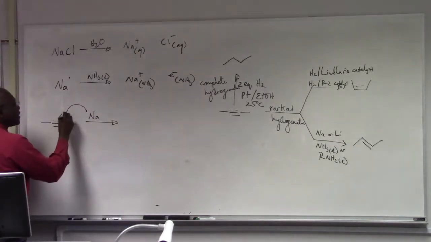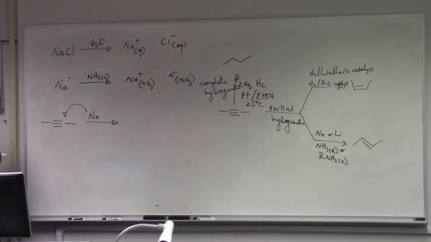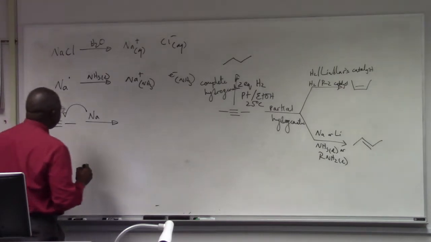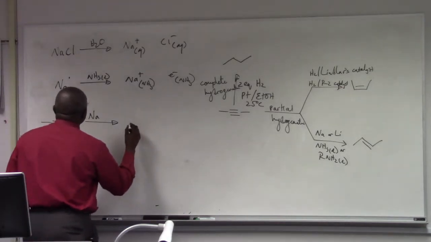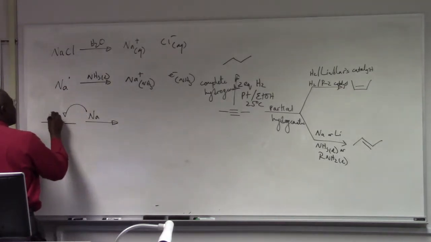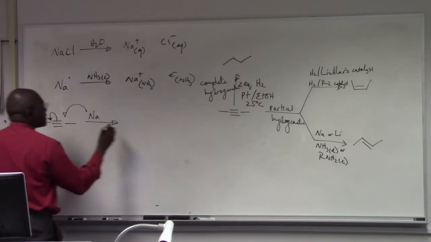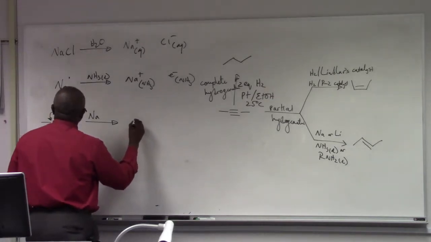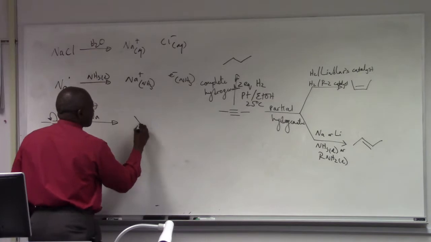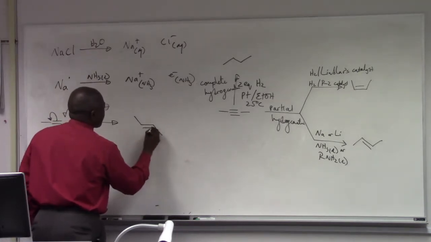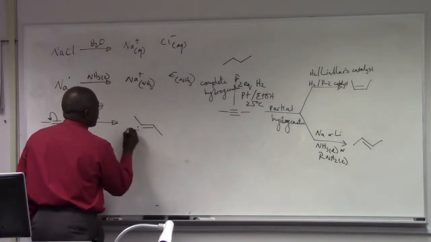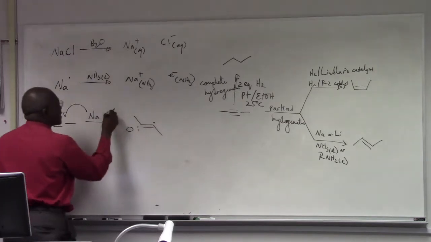The sodium donates a single electron to the alkyne, and what you get is this species. We end up with, I'll draw it this way. And we lose Na plus.